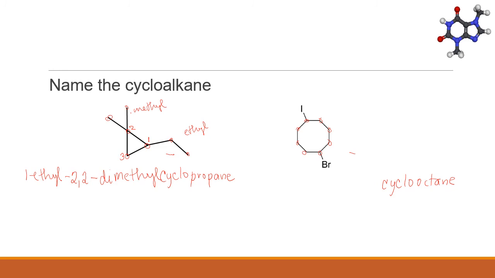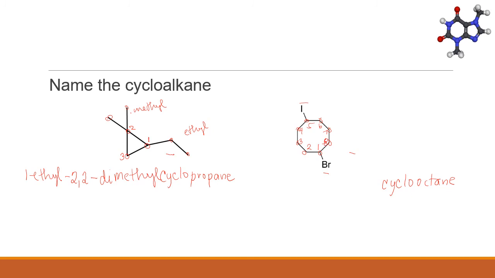starting with bromine or with iodine? Remember that our numbering is alphabetical, so we have to start with bromine. And it doesn't matter if we go clockwise or counterclockwise because the numbering would still be the same for iodine.